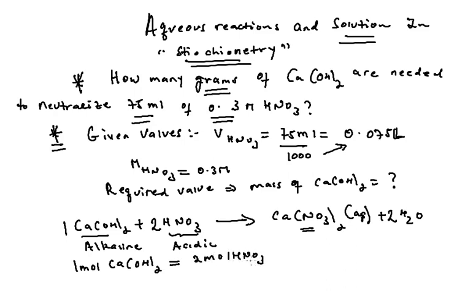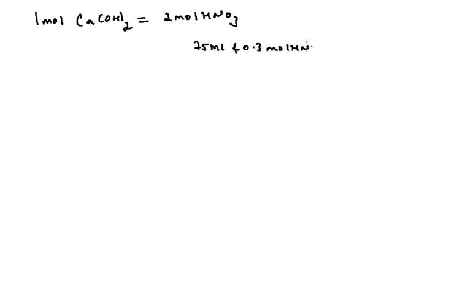Since 1 mole of calcium hydroxide needs 2 moles of nitric acid from the balanced equation, how many moles of nitric acid, of 75 milliliter and 0.3 molar nitric acid, is going to be needed to react with calcium hydroxide?